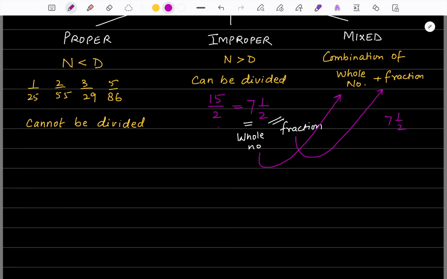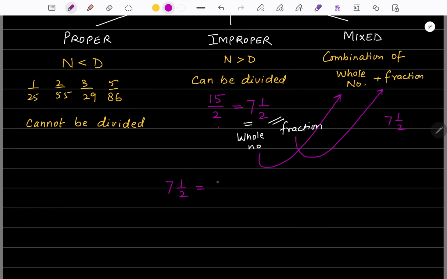Now the next question that comes to our mind is, we converted the improper fraction into a mixed fraction by division. Now is it possible to convert a mixed fraction into an improper fraction? So the answer will be yes, we can convert a mixed fraction into its improper form. And we will be taking up the same thing, 7 1 by 2 here.